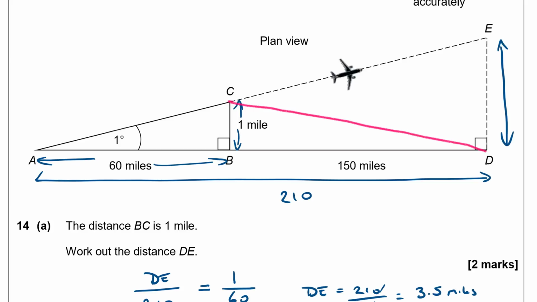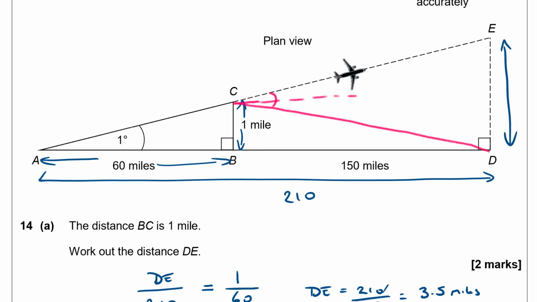So it needed to turn this angle. Now that turn is clearly more than 1 degree, because that's 1 degree there, isn't it? So it's more than 1. It's just whether or not this distance here is bigger than or smaller than 1.